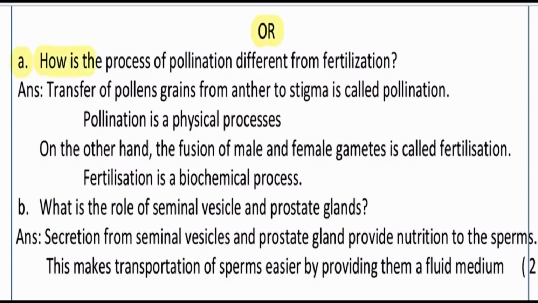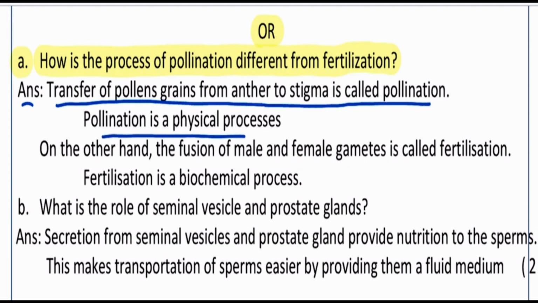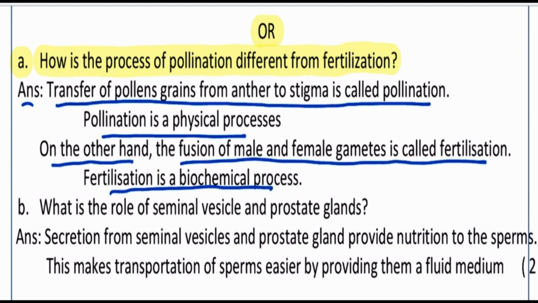Or A. How is the process of pollination different from fertilization? Answer. Transfer of pollen grains from anther to stigma is called pollination. Pollination is a physical process. On the other hand, fusion of male and female gametes is called fertilization. Fertilization is a biochemical process.